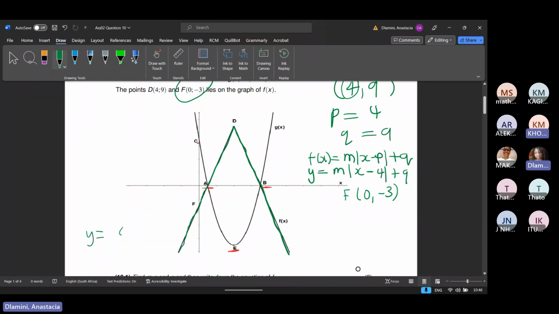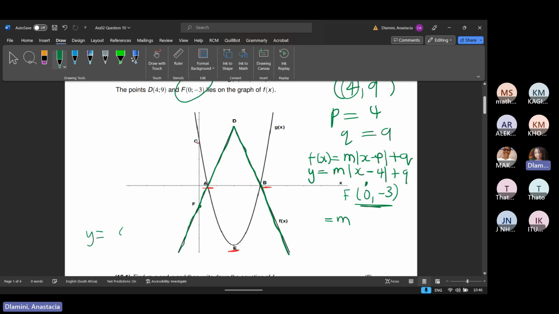Now our F is given, it's this point here, which is the y-intercept of the absolute value function. Now we substitute. We know that in this value of f here, our x is 0. So where we see x, we put 0.